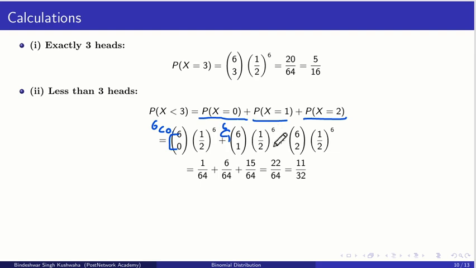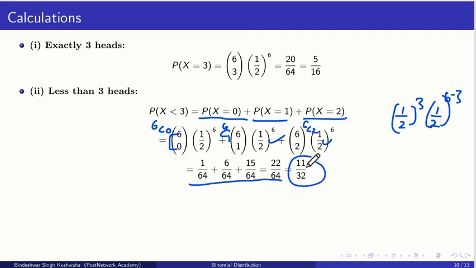Here the factor would always be the same, because 1 upon 2 raised to x, and 1 upon 2 raised to n minus x, that is 6 minus 3. So this term will always be the same. Then 6C1 and 6C2, and if we add all the terms, we will get 11 upon 32.